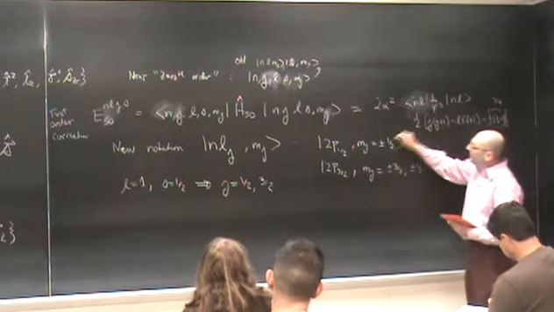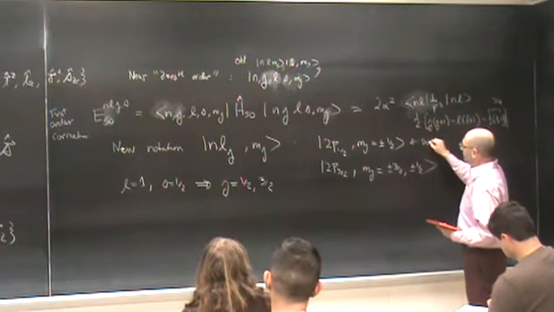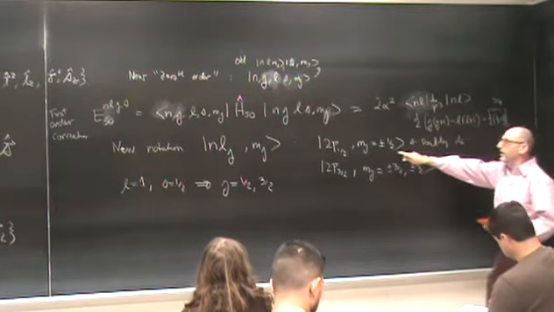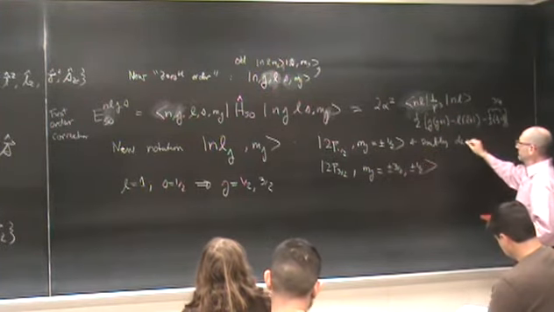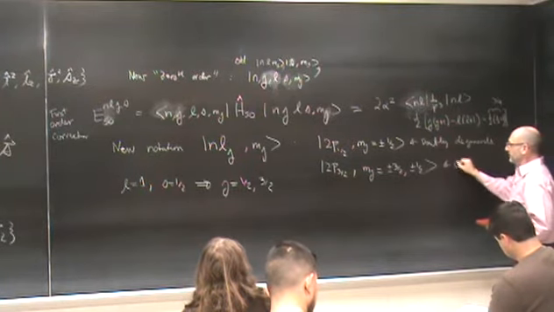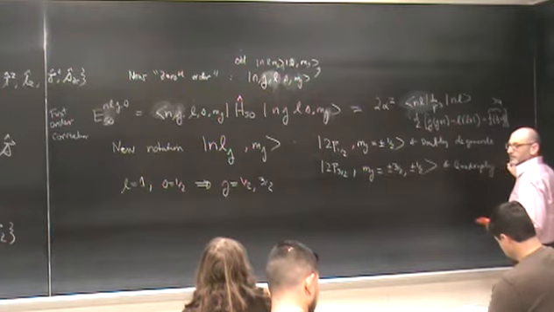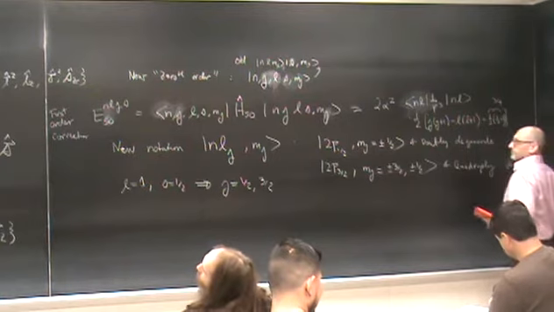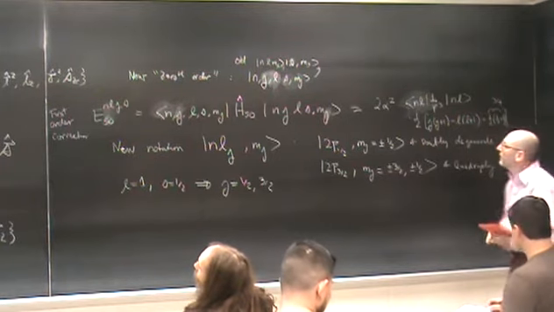Of course, these guys, this is doubly degenerate because the energy doesn't depend on m sub j. And this is quadruply degenerate, if that's a word. I'll make it up. All right.